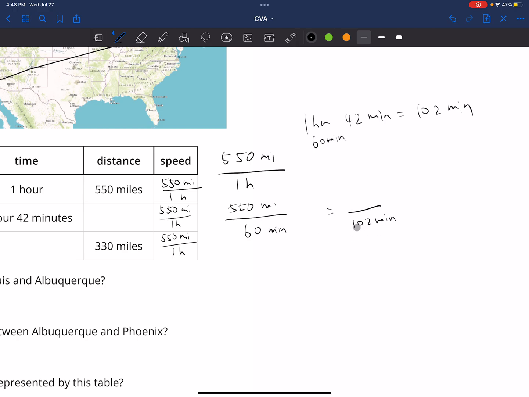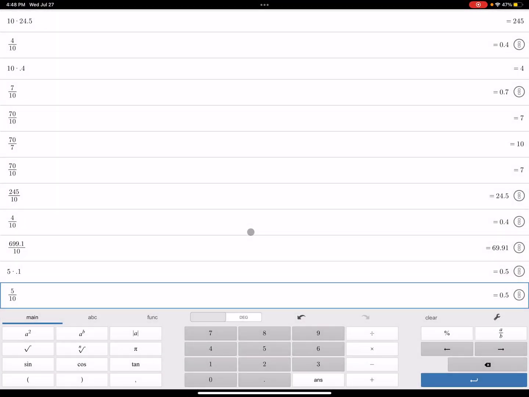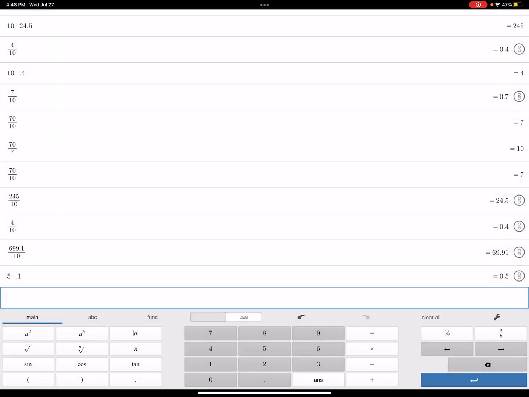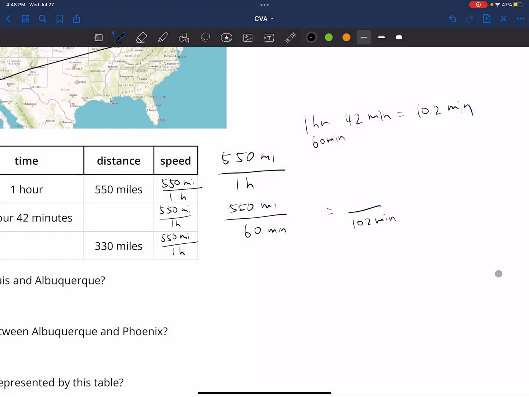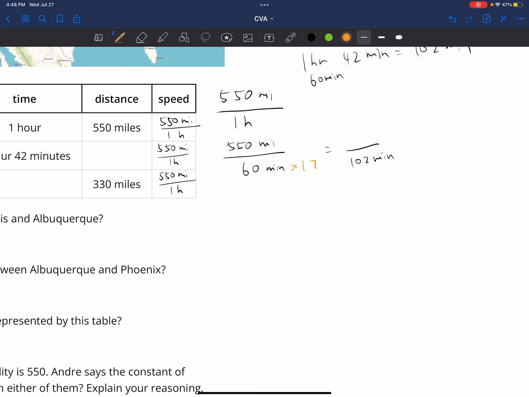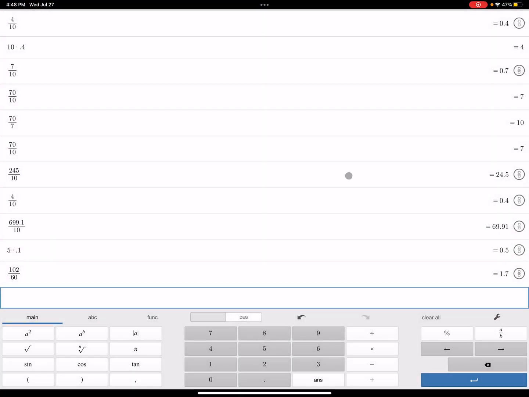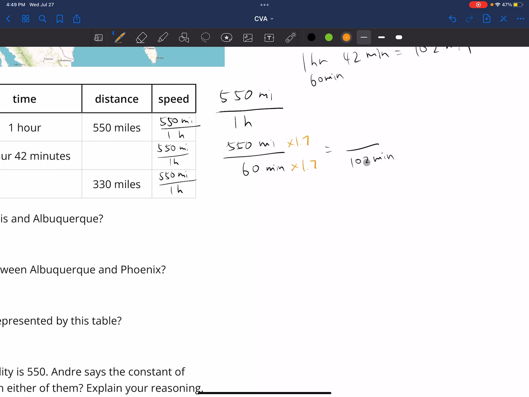So I'm going to divide 102 by 60, and that gives me 1.7. So we multiply this by 1.7 and also this by 1.7. Watch, I'll prove it to you: 60 times 1.7 is equal to 102.